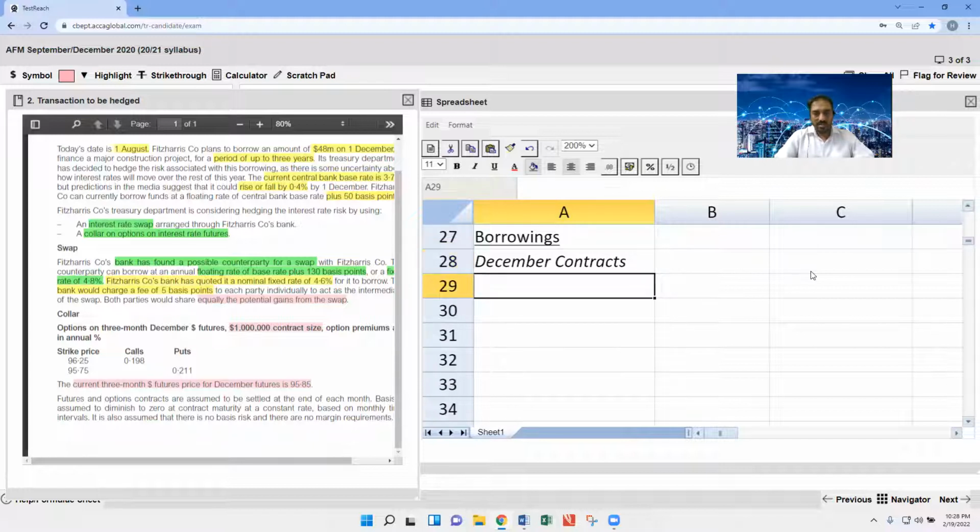Number two, buy put option. The position as holder, and we will set cap.